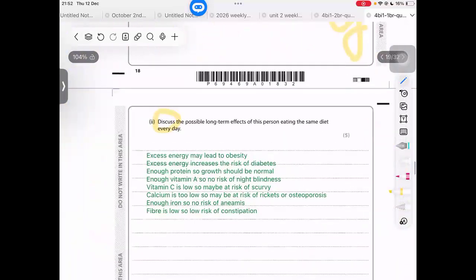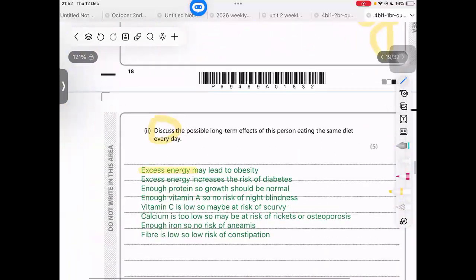So what happens? He's taking in excess energy. You can write down that this person is taking in excess energy, and you can write your opinion. It will lead to obesity, right? Taking in excess energy leads to obesity. Or else you can write that taking in excess energy will increase the risk of having diabetes. If you have written any of these, you get 1 mark.